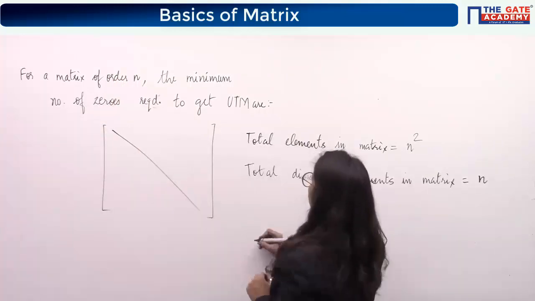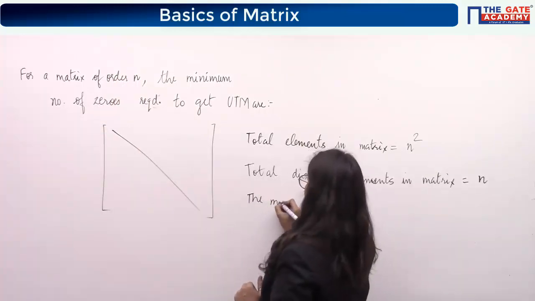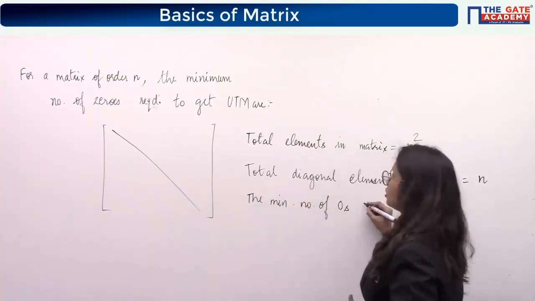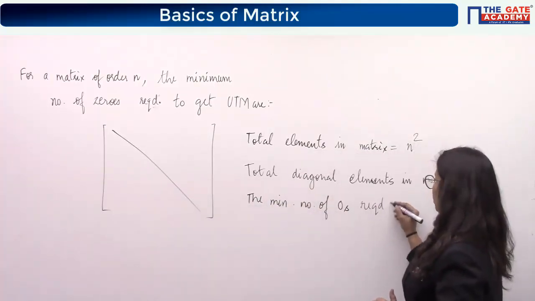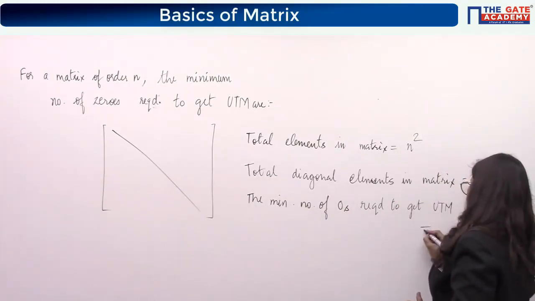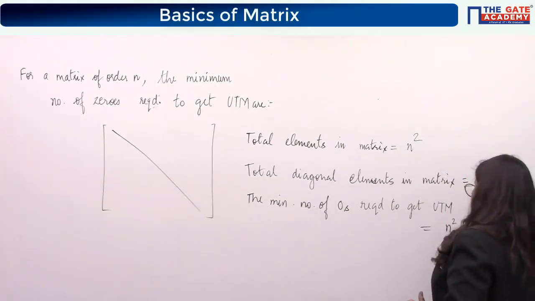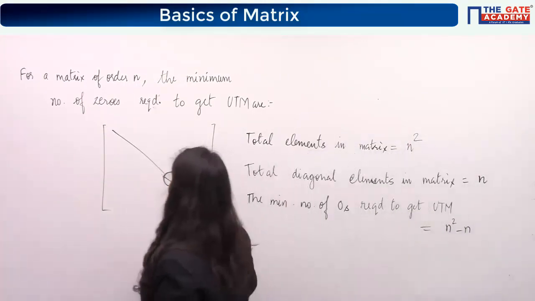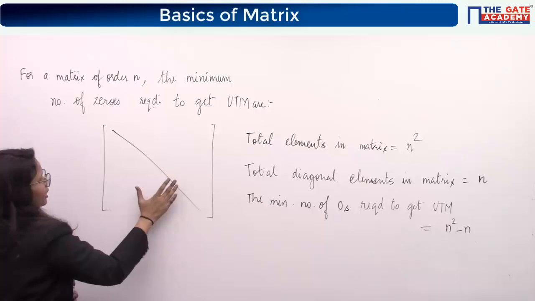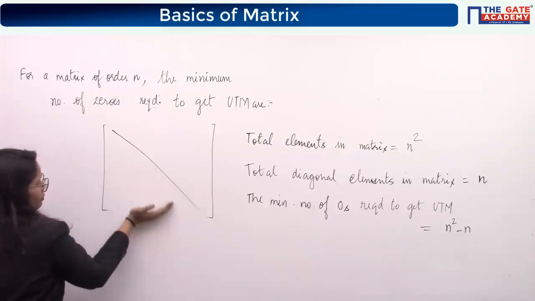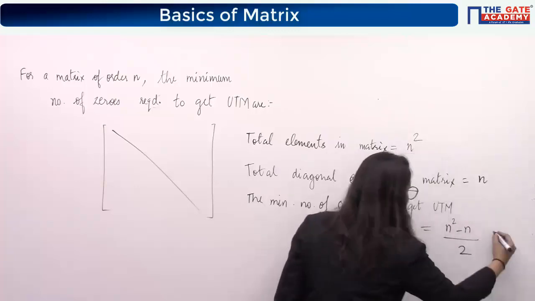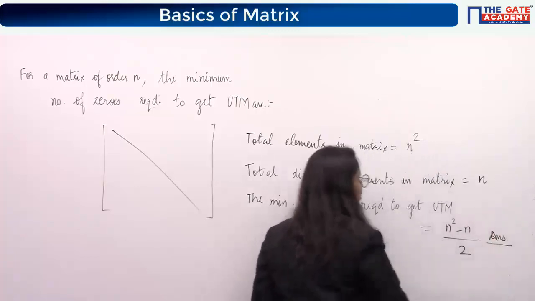So the minimum number of zeros required to get UTM will be n square minus n, because n square minus n means total minus diagonal elements, and among those we need half of them, so n square minus n by 2. This is your final answer.